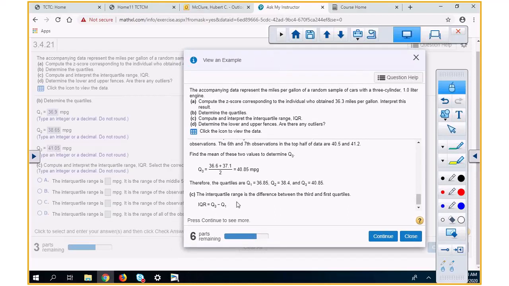So Q3 minus Q1. So what is Q3? 41.05 minus 37. 4.06. What is it? Or 3.06? 4.06, isn't it? It's 4.15. Okay. What is it? 4.15. Let me get out of all this.